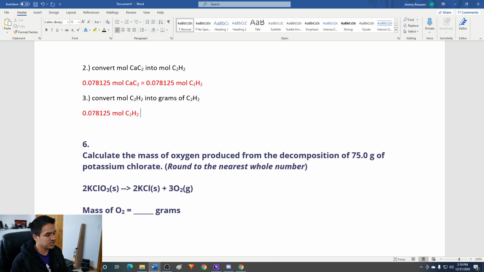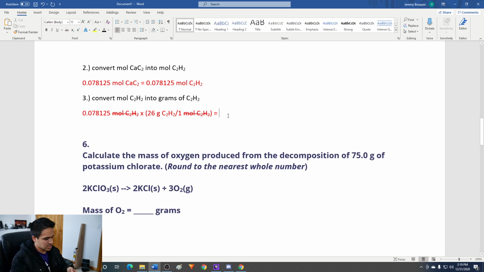So molar mass for C2H2, again, I have my periodic table here. Carbon is 12, times that by 2. Hydrogen is 1, times that by 2. Add those together, we get a molar mass of 26 grams per mole. Since I'm starting in moles of C2H2, the 26 grams of C2H2 will be on the top, and the 1 mole of C2H2 will be on the bottom. That way my moles of acetylene cancel, and I'm going to be left in grams of acetylene.